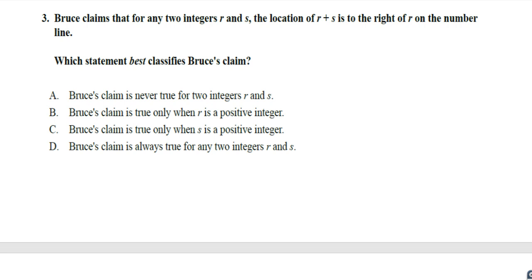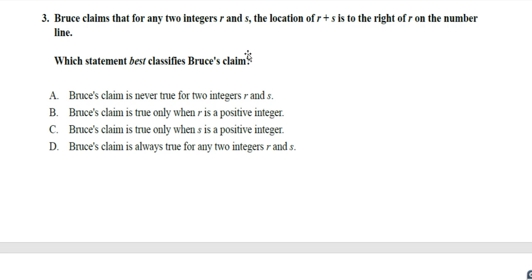Bruce claims that for any two integers r and s, the location of r plus s is to the right of r on the number line. Which statement best classifies Bruce's claim? So if you have two integers r and s, the location of r plus s is to the right of r.